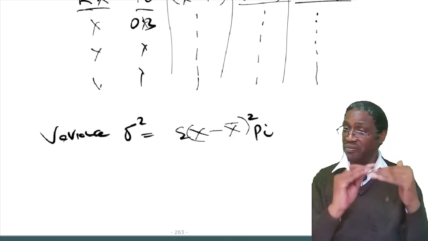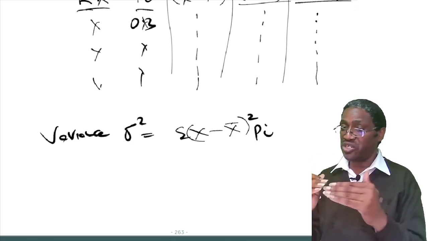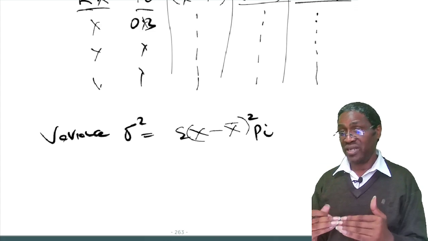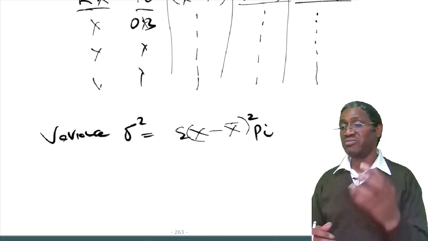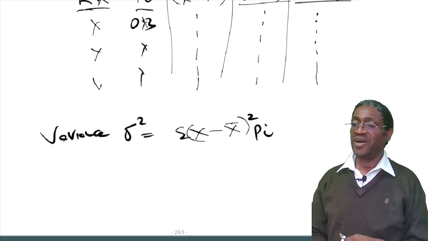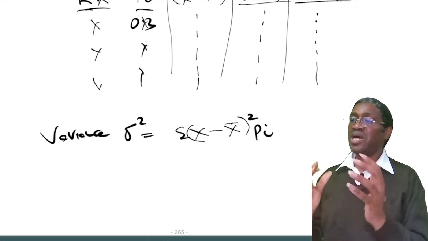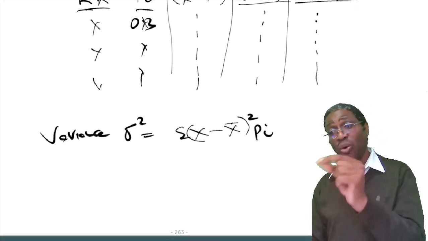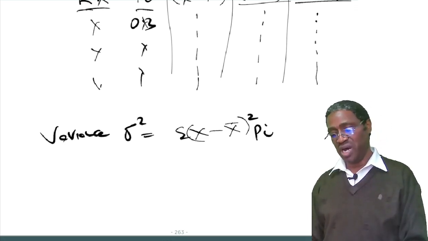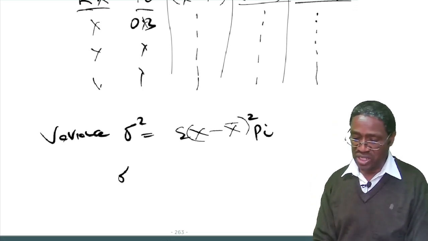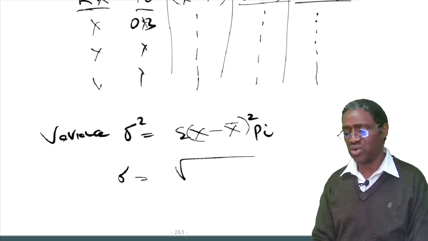Then, to get the standard deviation theta, just take the square root of that.